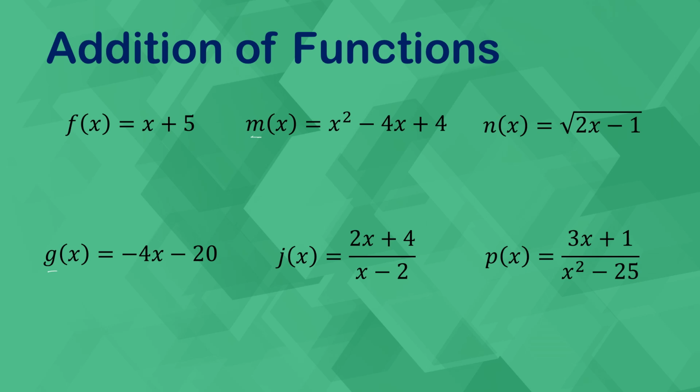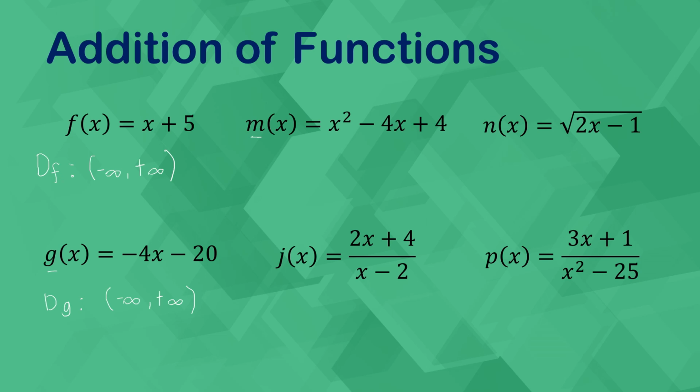And based on your previous lesson, we know that the domain of a linear function is the set of all real numbers. Okay, so d sub g is also the set of all real numbers.